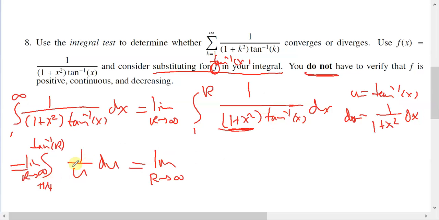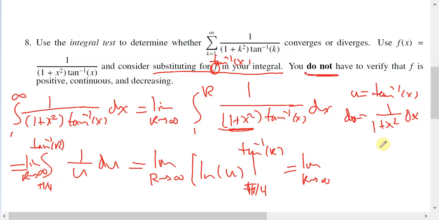This is going to become natural log of u evaluated at pi over 4 here in the bottom, and tangent inverse of r here in the top. And so I get the limit as r goes to infinity of natural log of tangent inverse of r minus natural log of pi over 4.